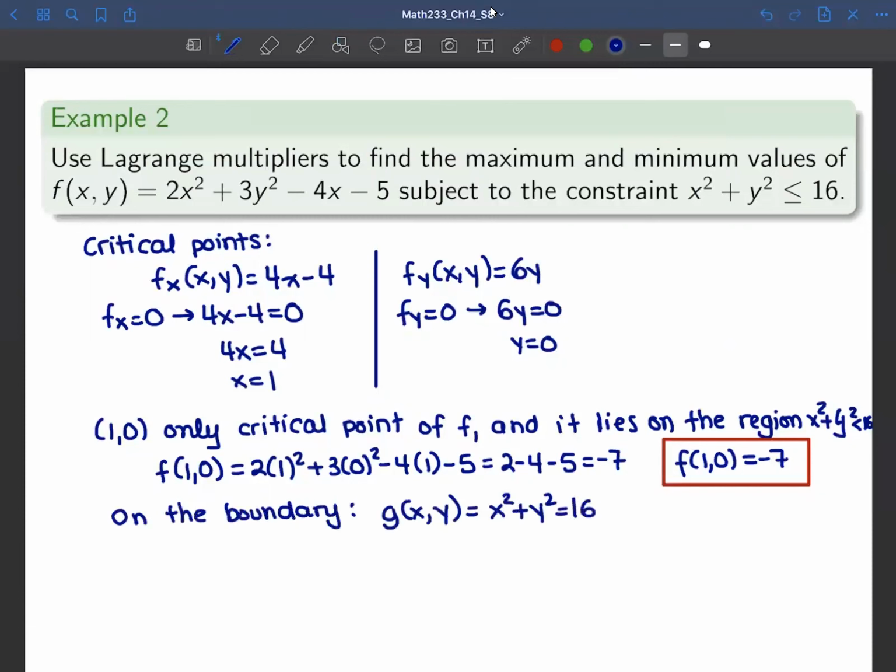So we're only checking the boundary of the constraint that we have. In this case, gx(x, y) is equal to just 2x, and gy(x, y) is equal to 2y.